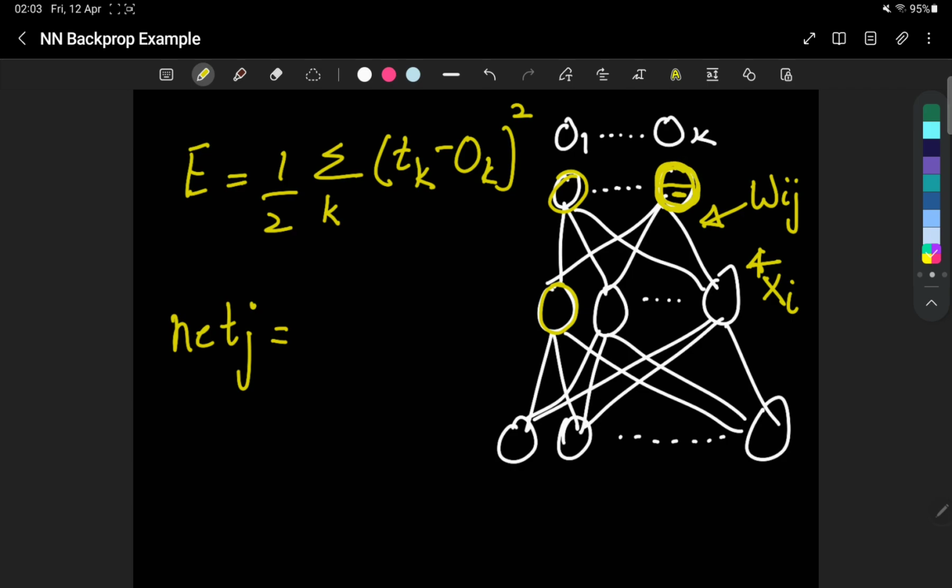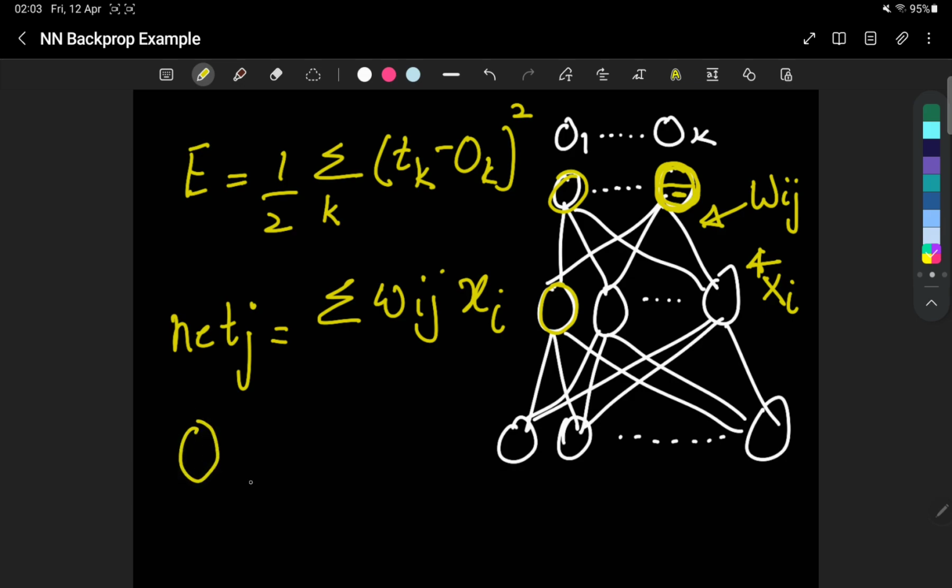So let's say j, so I'll represent it by net j. That is the summation of all the wij's times my input i. So this is what the net would be, and then an activation function is applied that would give me my desired output of the network.